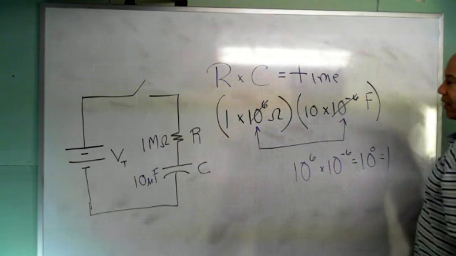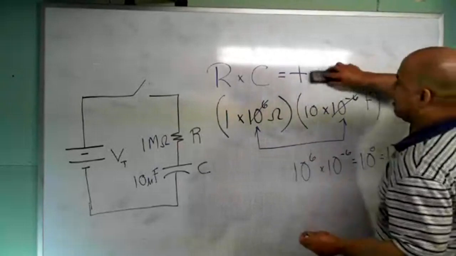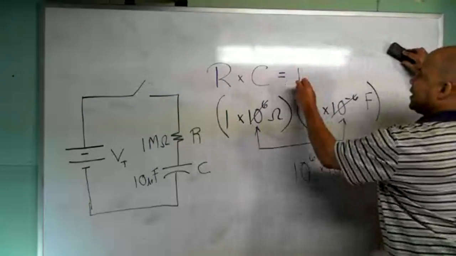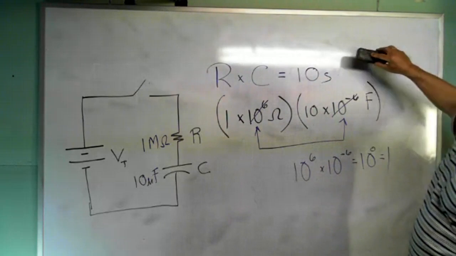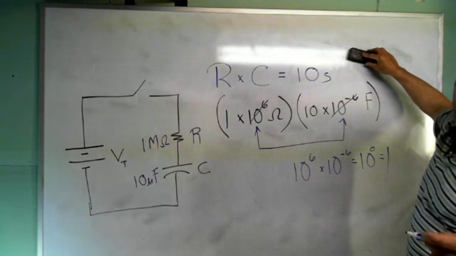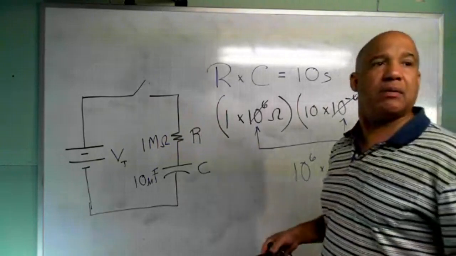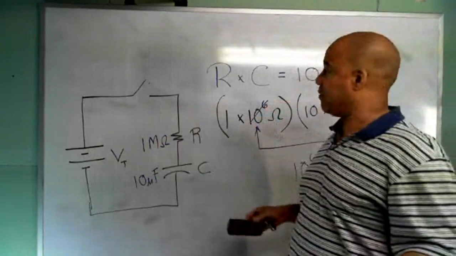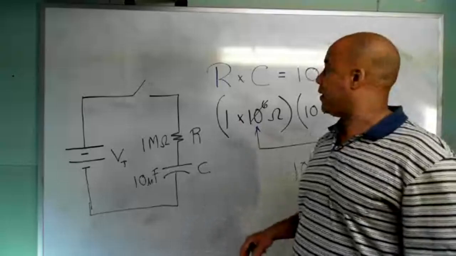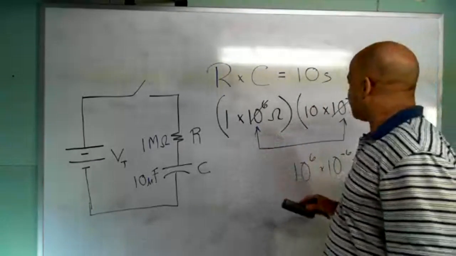It's just a 1. So to get my answer, I take 1 times 10. What I get is 10 seconds. So this is 10 seconds. Now what's the meaning of the 10 seconds? So I want to explain that. I'll explain this and this will be it for today. And then I'll say more about it next time. What's the meaning of the 10 seconds?